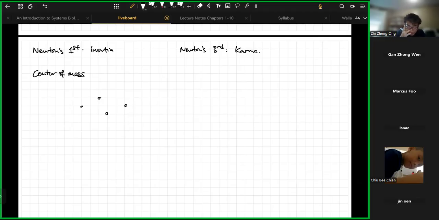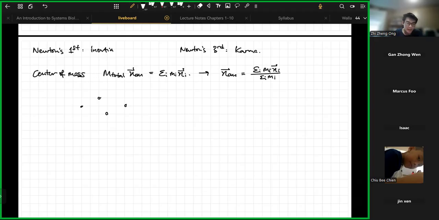So it's defined like this. The center of mass is the weighted sum of the masses. So total M times x_cm is equal to the sum of m_i x_i. Let me just rewrite it like this.